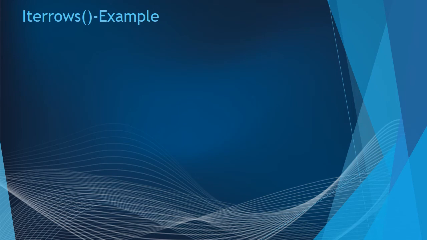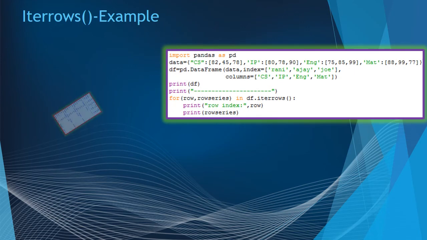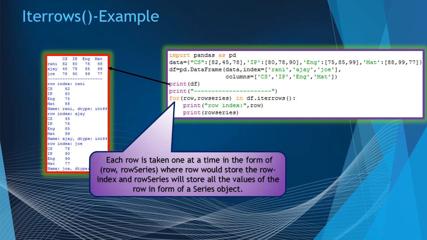Example of iterrows. The data frame is created with 4 columns and 3 rows. And see here in the for loop: for row, row series in df.iterrows. The iterrows function returns the row index and series values. So the row index will be assigned to the variable row, and row series receives the values of whichever row label is first assigned to the row variable.